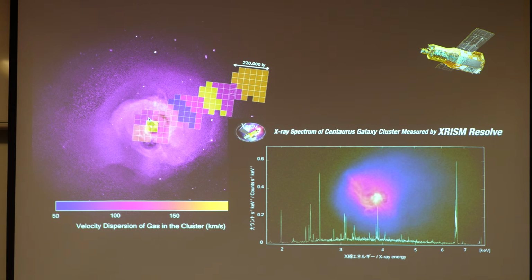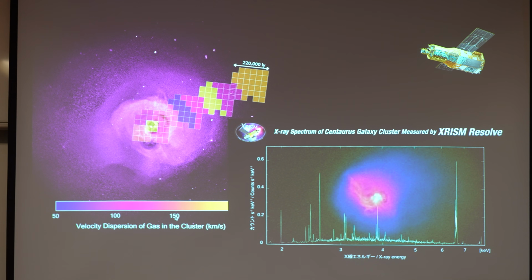Okay, so the background image here comes from additional X-ray observation from Chandra, but the measurement that we're talking about here is all these squares here. So these are like one pointing. So with multiple pointings, you can get the measurement of the turbulent velocity, or the velocity dispersion of the gas, at specific locations of the cluster. So you can measure the velocity dispersion of the gas inside the center, in the outskirts, in between.